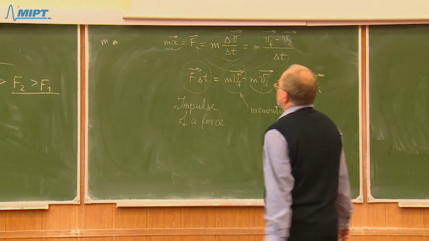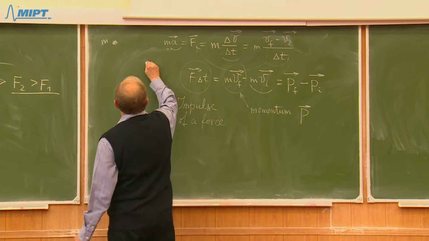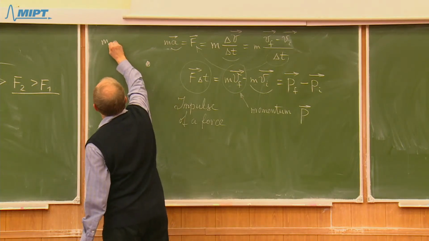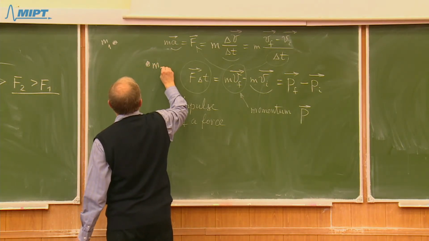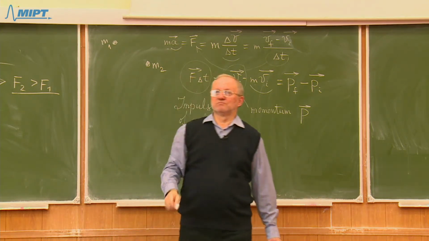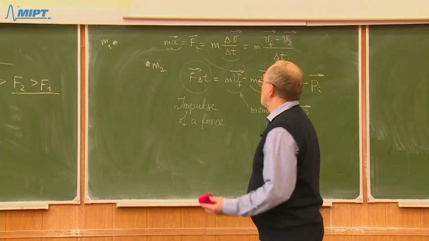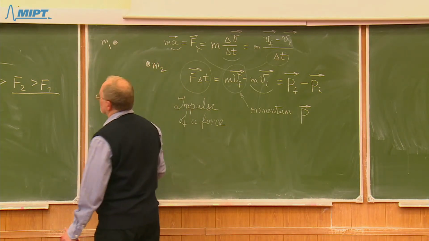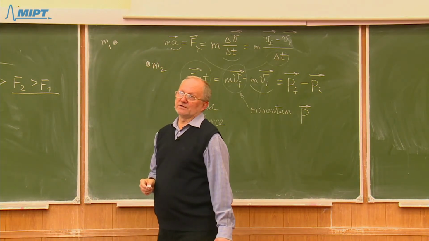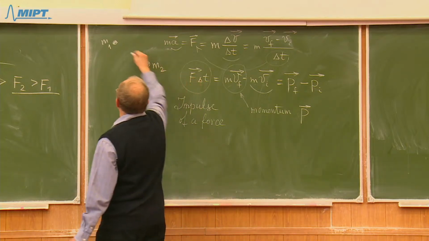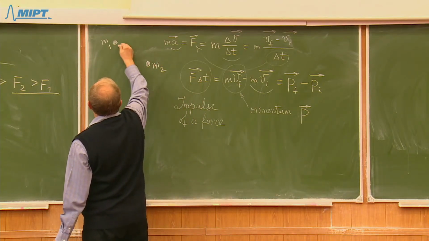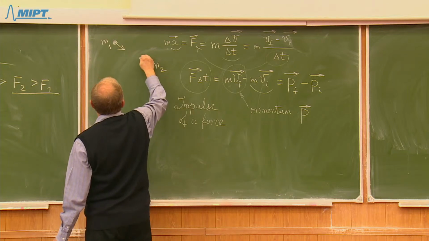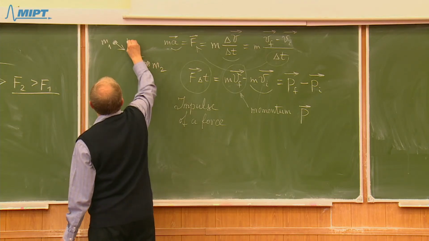Now imagine we have not a single particle but two different particles, one of mass m1 and another body of mass m2. And suppose these two particles somehow interact with each other. Well, suppose they are attracted to one another.